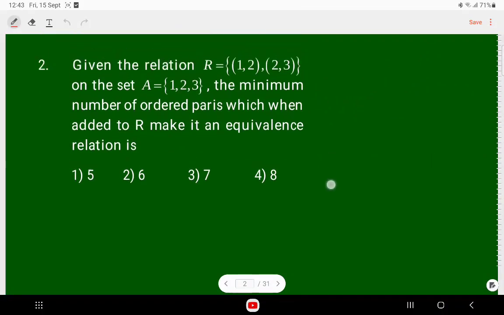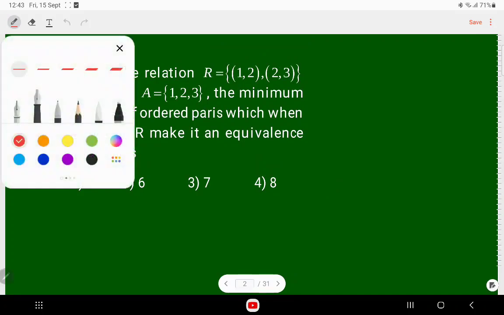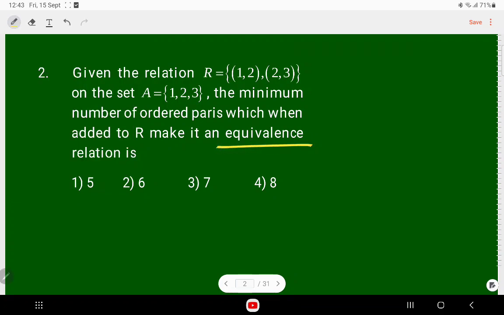So this is the second problem. Observe here. First we have to check for equivalence. What is the given set and what is the given relation? Here set A contains 3 elements and relation R is given by 2 ordered pairs, (1, 2) and (2, 3).